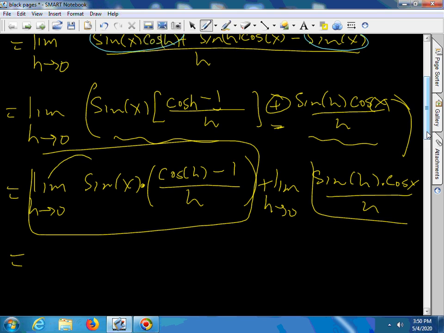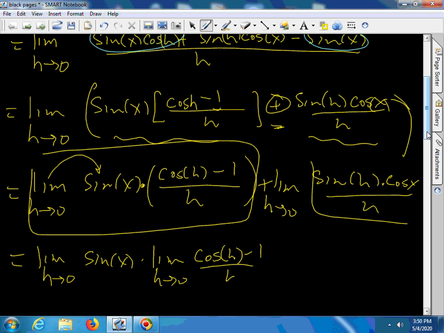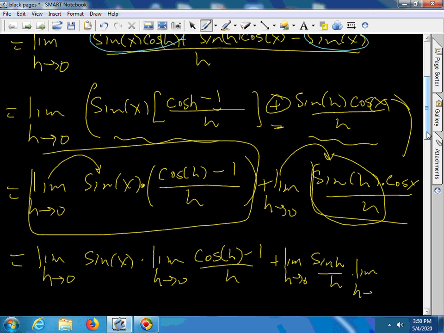So I can take the limit of the first, which has nothing to do with h, times the limit of the second, cosine of h minus 1 over h, plus the limit of sine of h over h times the limit as h goes to 0 of cosine x.